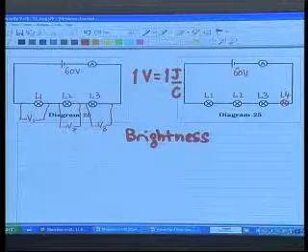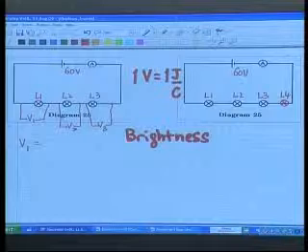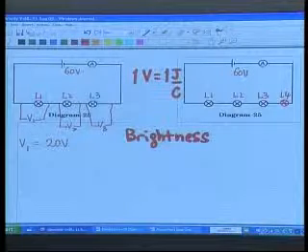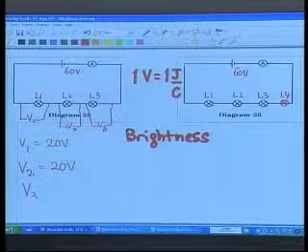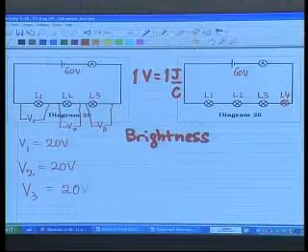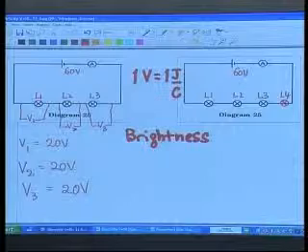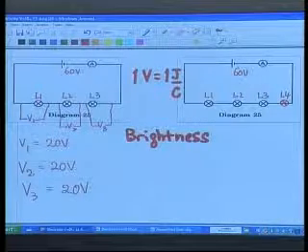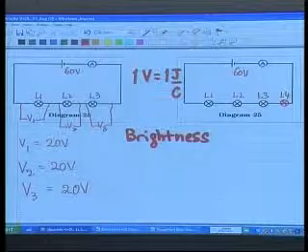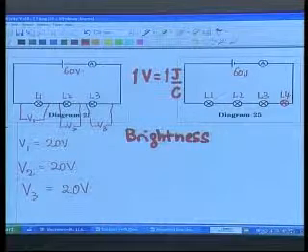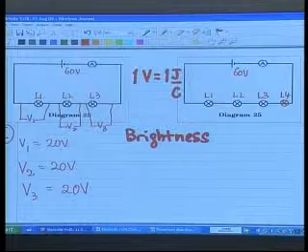And you would know that V1 here is 20 volts. V2 equals 20 volts. And V3 is also equal to 20 volts. So if you look at it, in diagram 1, or I should call it 3, in order not to confuse the first two.